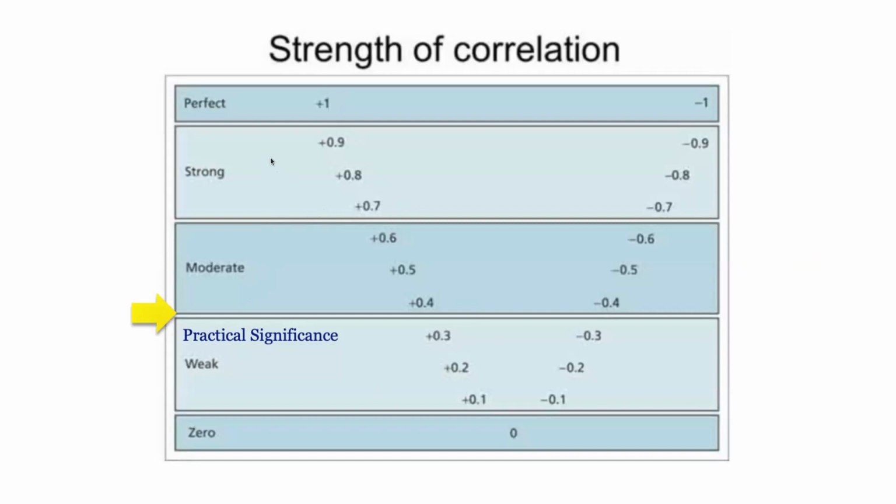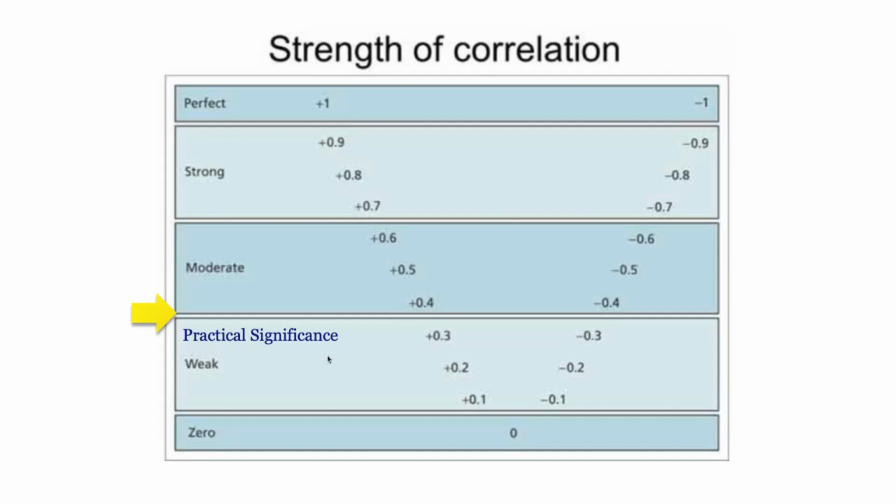So one thing you might ask is how much of a value does it have to be to say two variables are strongly correlated, or what should the R value be in order for us to say two variables are weakly correlated? It will depend a lot on the sample size, but this is a rule of thumb.